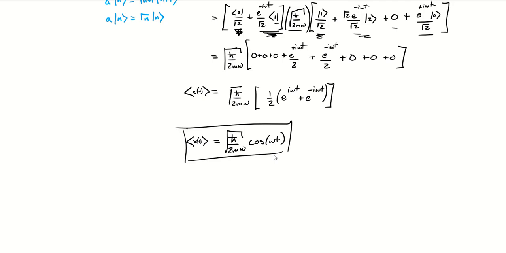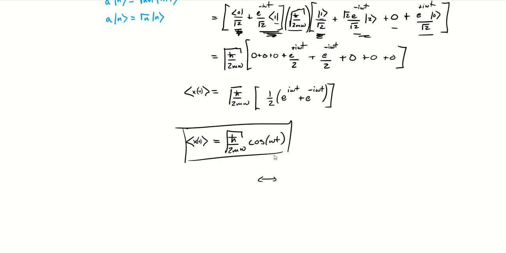And what we see is that for this superposition initial state, the expectation value for position is just going to slosh back and forth, right? And we know, by the Ehrenfest theorem, that expectation values follow classical principles.